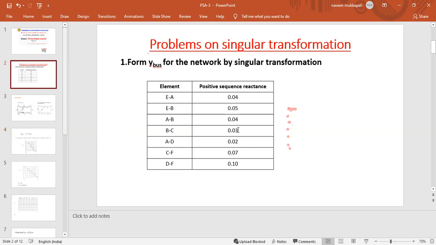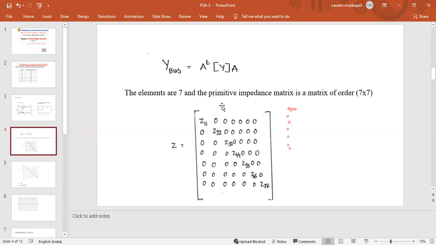Why are they impedance values? In the question, we represent this as the positive sequence reactance. What is the formula for that? Z is equal to R plus jX, where X is the reactance. Then these values are the Z values. Suppose this is mentioned as the admittance, then we directly find the Y matrix.